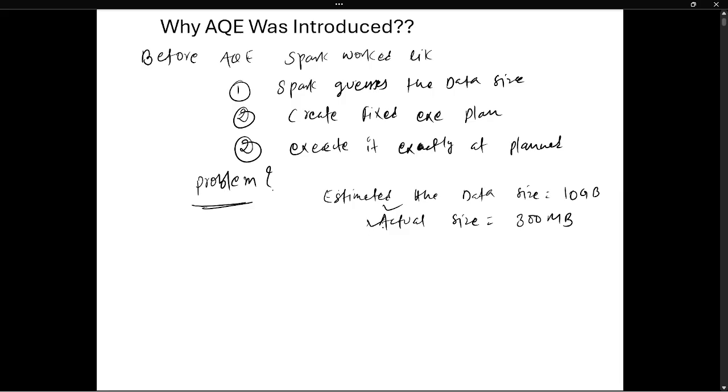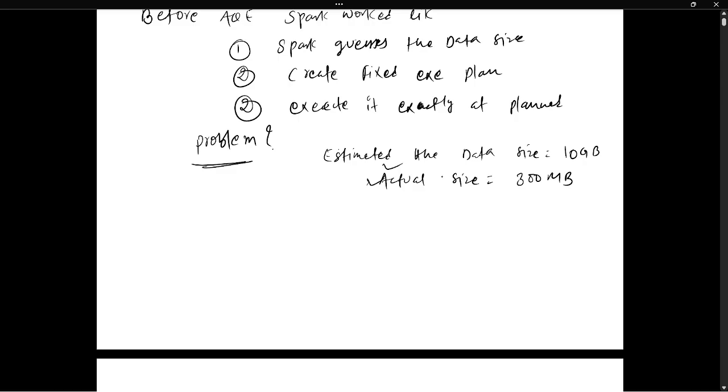What was the issue because of that? Because it is estimating and using that approach, it uses a merge join and creates shuffle partitions, so there was a waste of CPU and memory time.